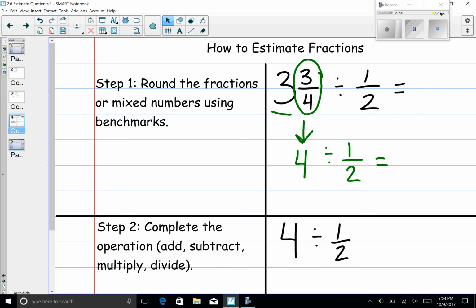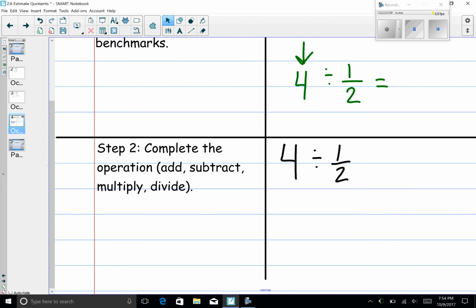All right, so now we're going to go to step 2. Now the rules apply for any operation that you use when it comes to estimating with fractions or mixed numbers. So step 2 simply says complete the operation, whether it's add, subtract, multiply, or divide. In this case, I'm dividing, and so I'm going to use the keep, change, flip. Because I have a 1/2, I'm going to go ahead and solve that.